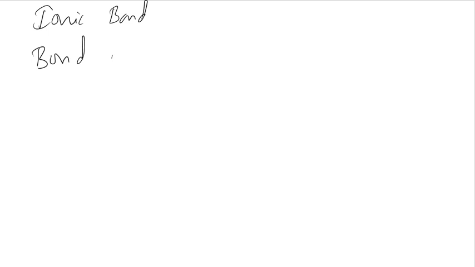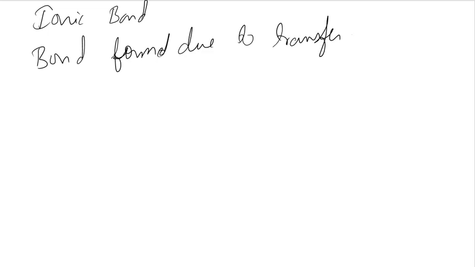Now let's start with ionic bond. How does an ionic bond form? The bond is formed due to transfer of electrons, to attain stability, to attain the octet.